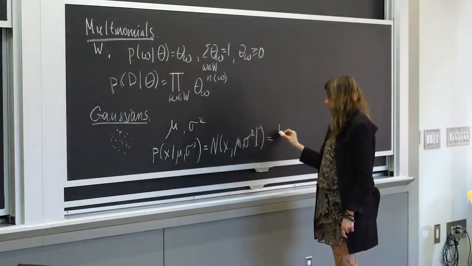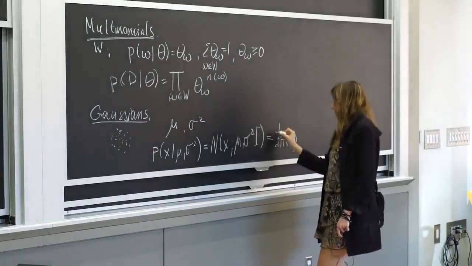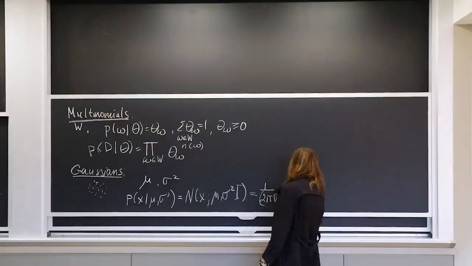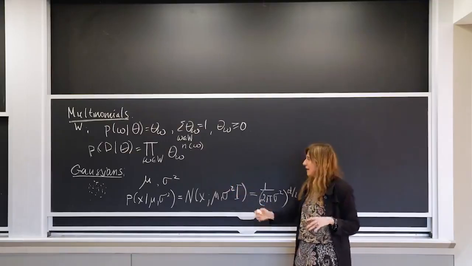And here we can write 2 pi to the power d over 2, and I remind you that d is just the size of our vector, correct?